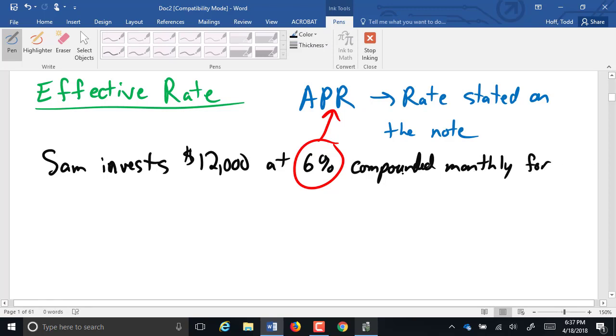I'm going to finish this: 6% compounded monthly for 2 years.